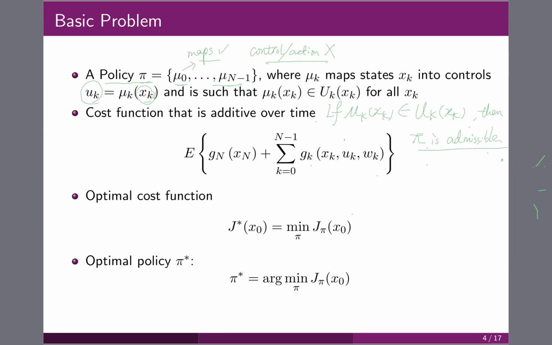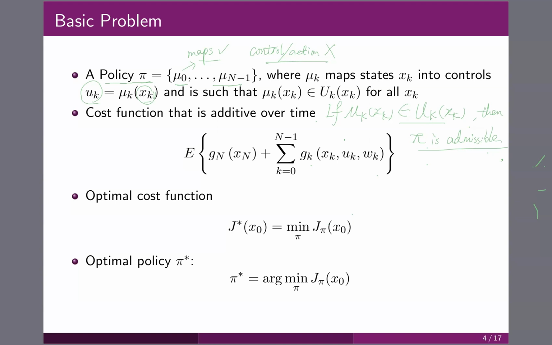This is the definition of admissible policy. So only an admissible policy is feasible in practice because its output belongs to the feasible control set.